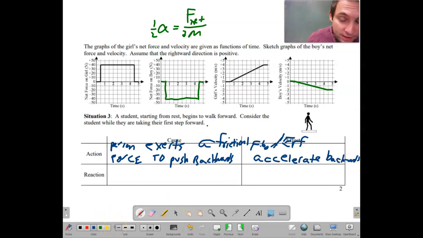So the reaction of that is the floor is going to push back on you. Let's get a different color here. So that way. The floor pushes forward with a frictional force, because remember, it has to be the same type of force.